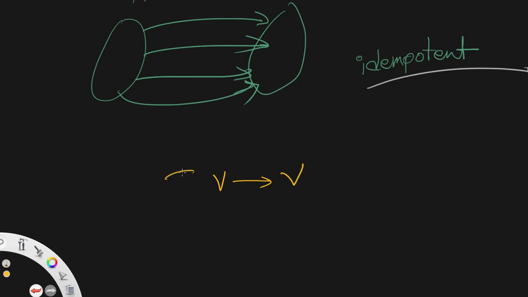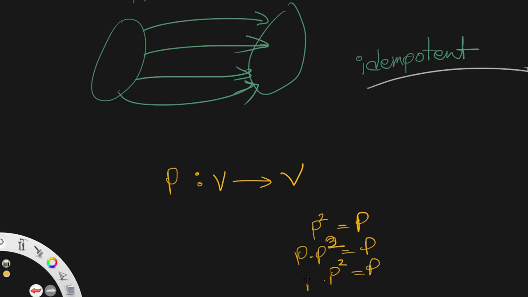Let's call the transformation P. So the transformation P goes from V to itself, so that any higher power of P is equal to P. So P square is equal to P, P cube is equal to P. Basically, P square equal to P gives all the higher powers, because P cube is basically P into P square, which is P square, which is equal to P.